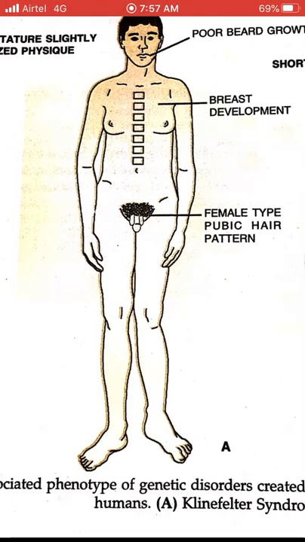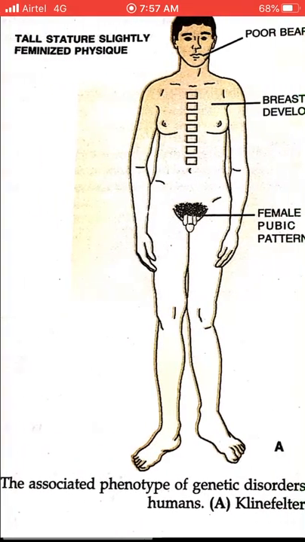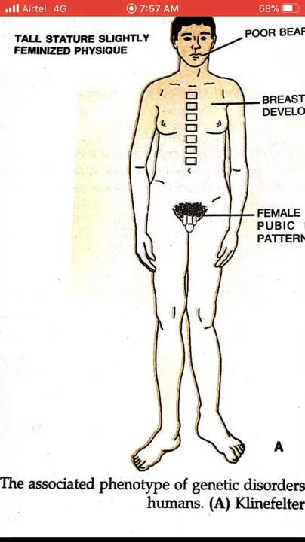In this, the sex chromosome increases by 1, due to which breast development is found in males, there is poor beard, and a slightly feminized body structure is found in Klinefelter's.